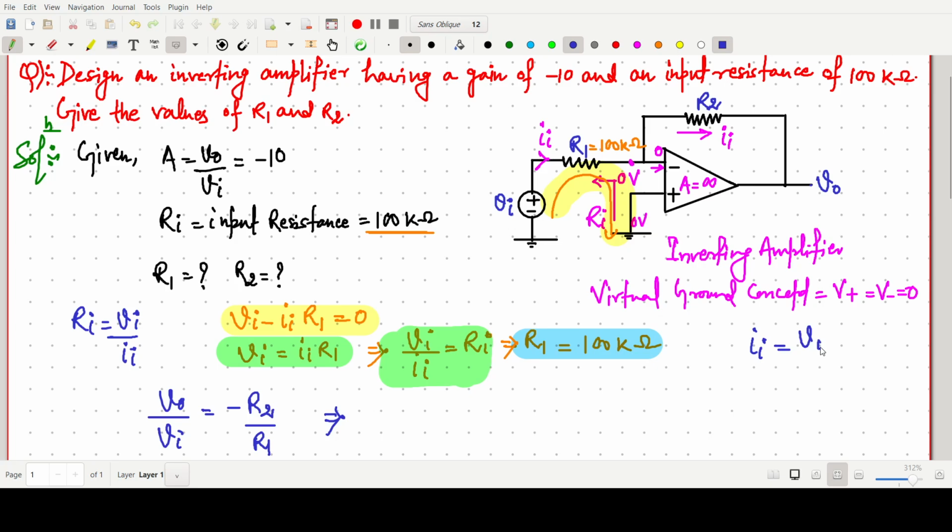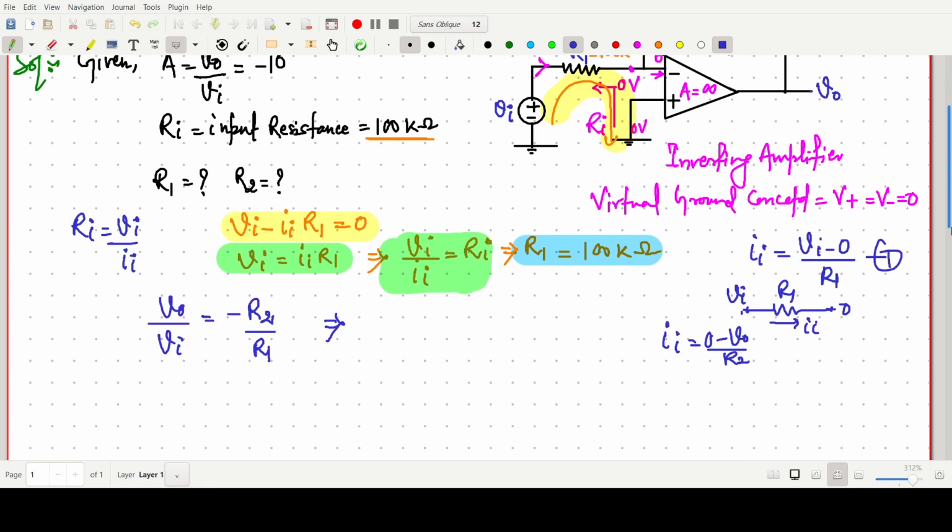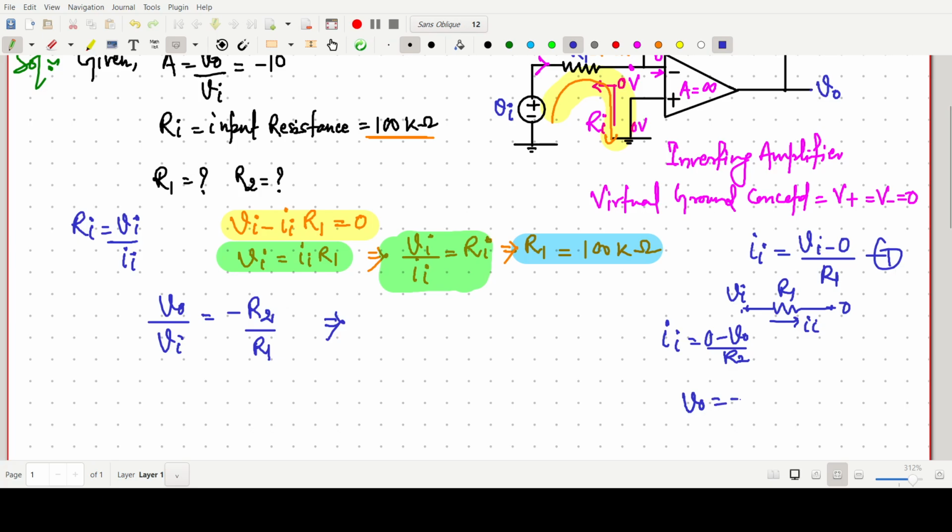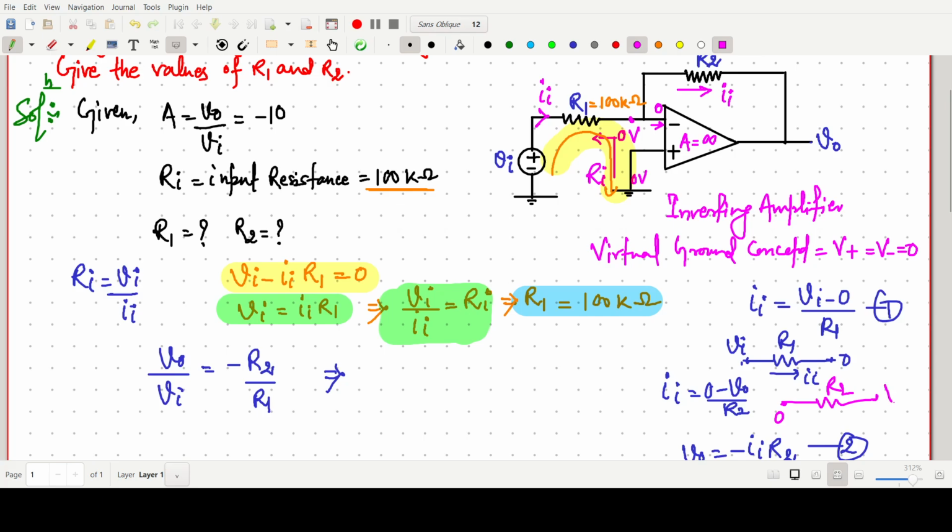Ii equals Vi minus 0 by R1, and this is equation 1. Also Ii will be 0 minus V naught by R2, so V naught equals minus Ii R2, equation 2.